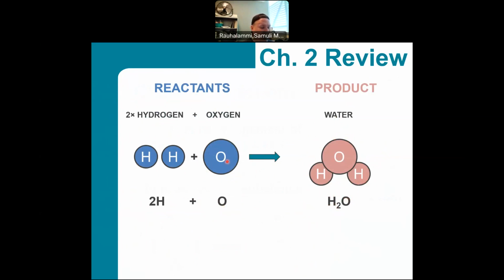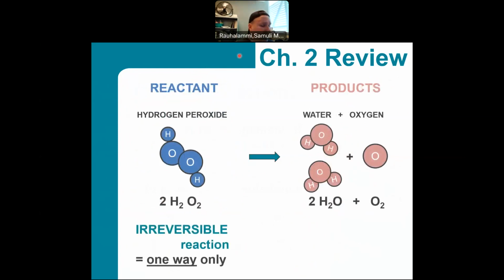So rather than being individual elements or individual atoms, they join together to form a molecule. And this is, of course, our water molecule. So the water molecule would be the product of this chemical reaction, whereas the reactants were the two hydrogens and one oxygen. So you'll see that in chemical reactions, we talk about these terms, reactants and products, in relation to what goes in and what comes out of the reaction.